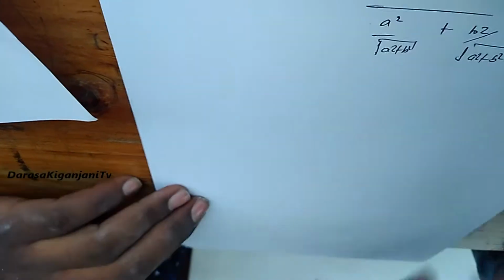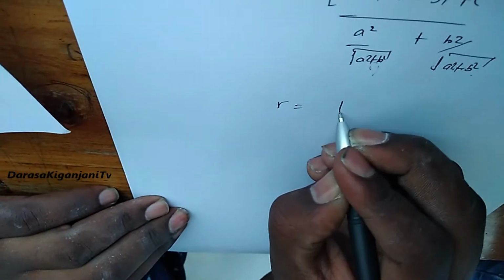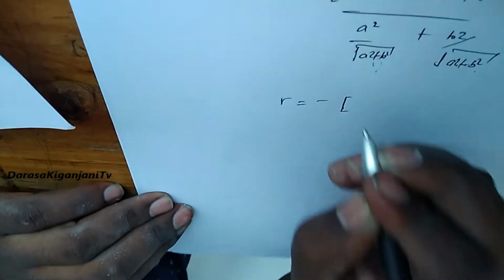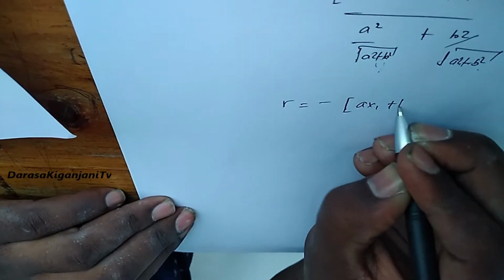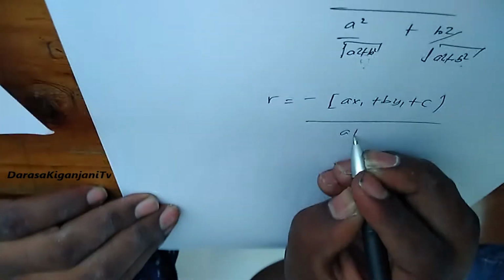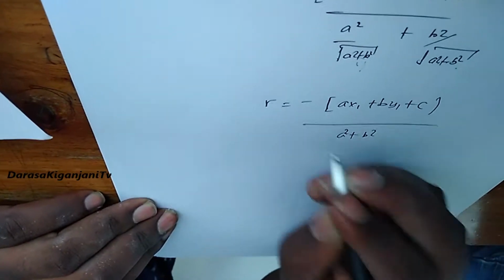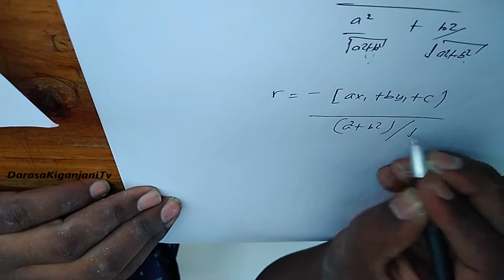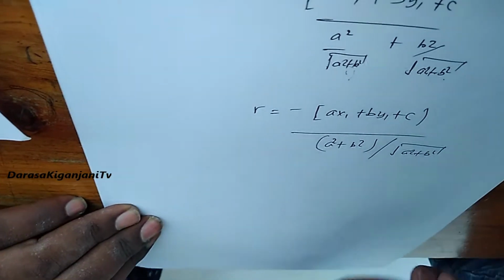So here we have the common denominator. So negative, here we have negative value AX1 plus BY1 plus C. So the common denominator, we are going to say it is A square plus B square in brackets, but all over under root of A square plus B square.